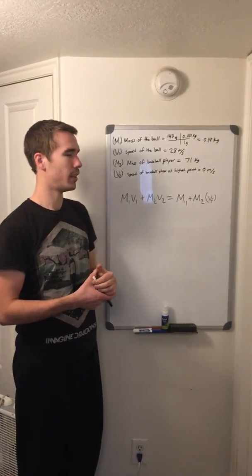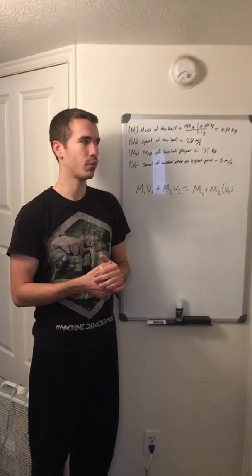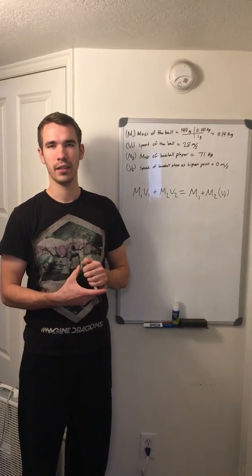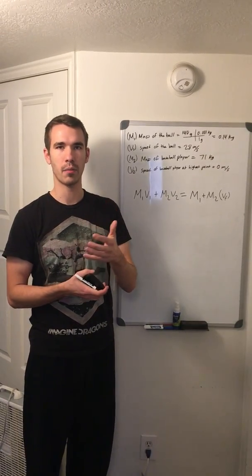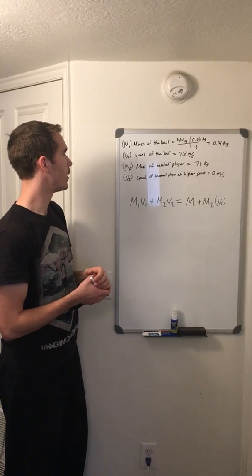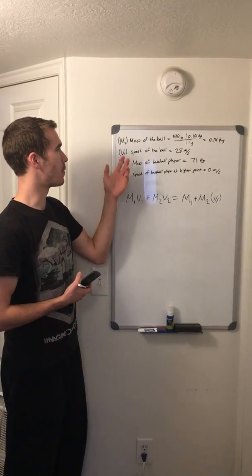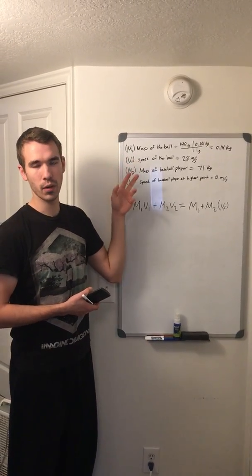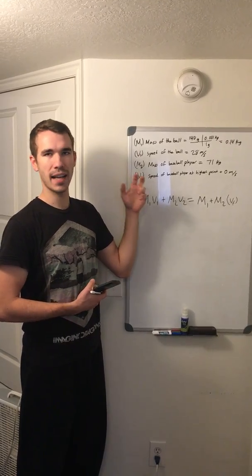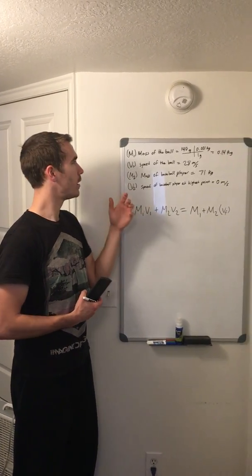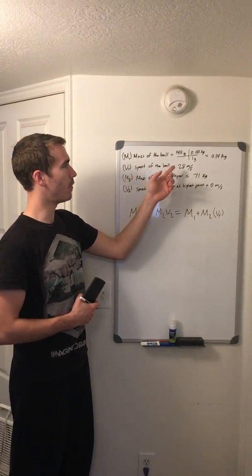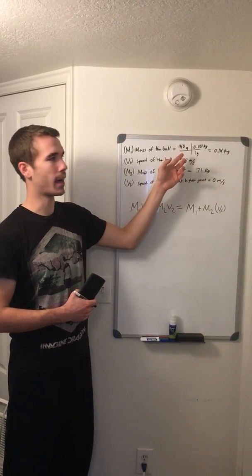So to solve this equation, we first need to input the values that we were given in the problem. To keep things separate, I indicated mass 1 and V1 will be the mass and the speed of the ball. So the mass of the ball was given in grams, 140 grams.